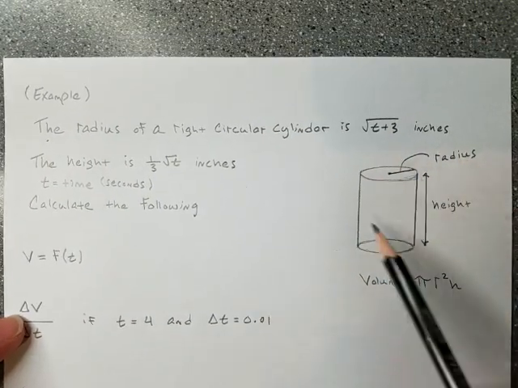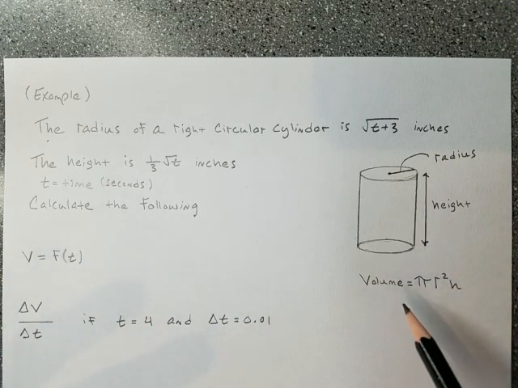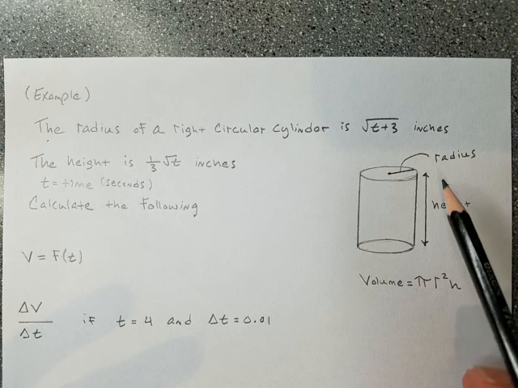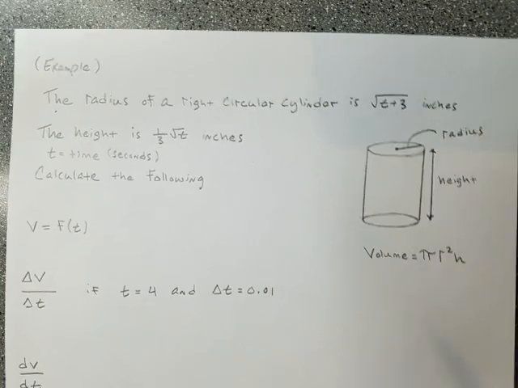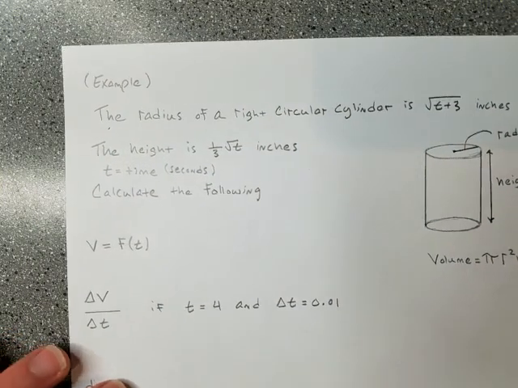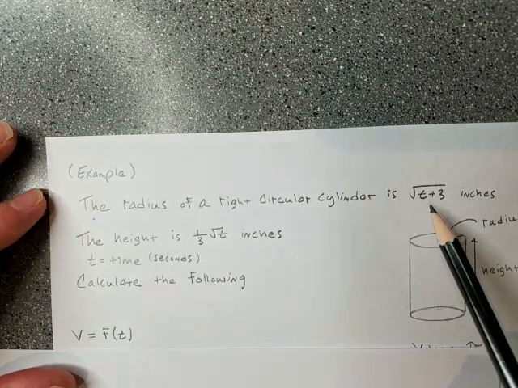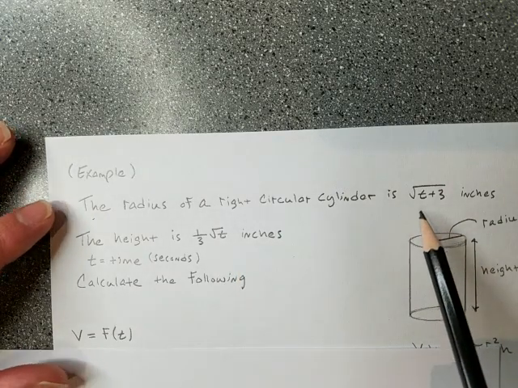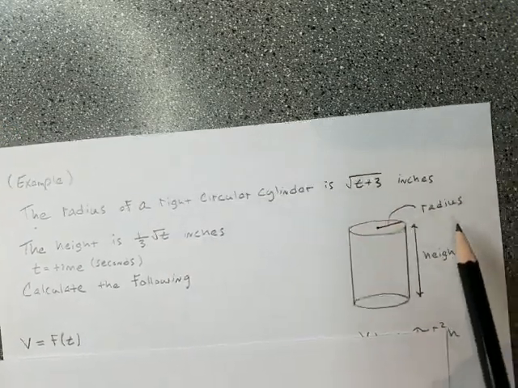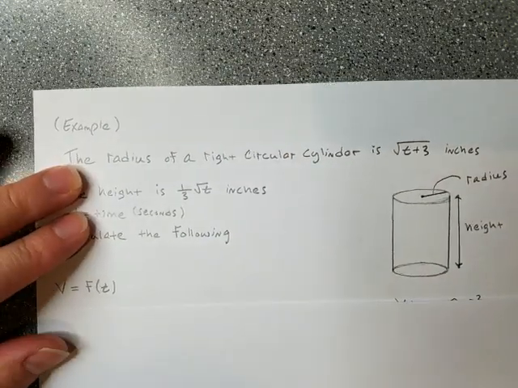So here in my picture, that's what a right circular cylinder is. And there's your volume for it. It's pi times the radius squared times the height. All right, so let's see if we can work this out. Here, both the radius and the height are functions of time. You have to know the time to figure out the radius and the height. That's what it means when they were given that way. So let's do this.